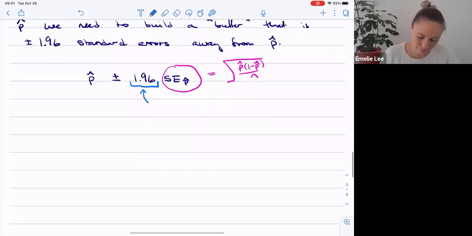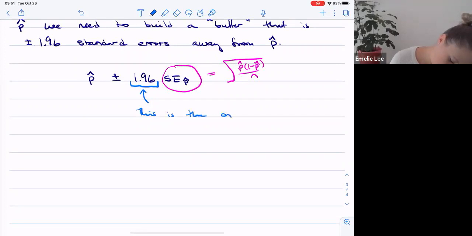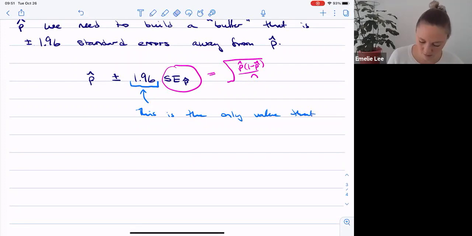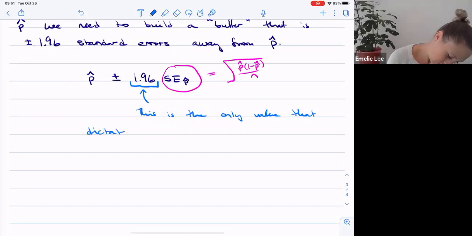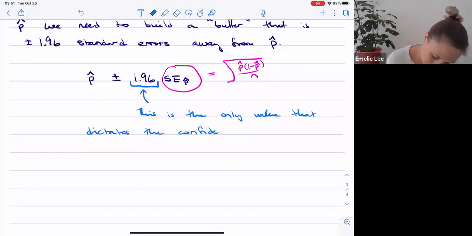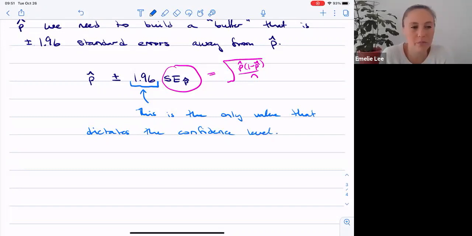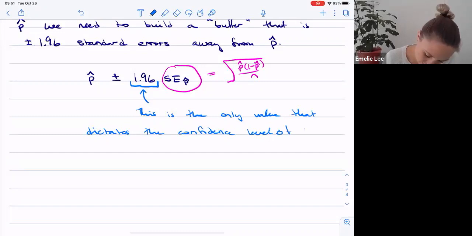And so here, this is the only value that dictates the confidence level of 95%, I'll say.